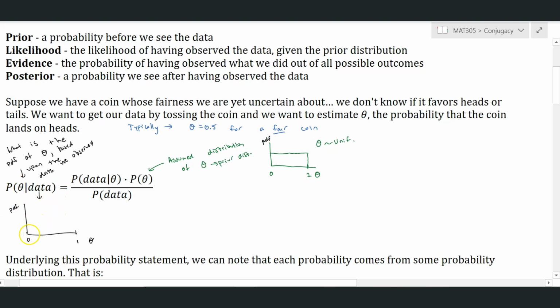Maybe what we believe based on this coin is it's a little unfair, maybe 60-70%, and maybe this is what we find out, that the mean is around 0.75, and maybe it's a little skewed. Or maybe we find, as we would expect, that it's highly likely the coin has a 50% chance of landing heads. But this is based upon the data that we observed.